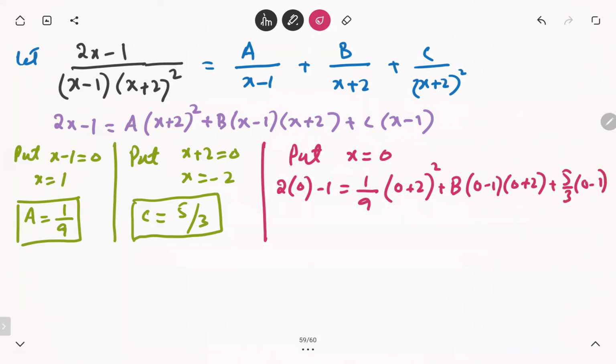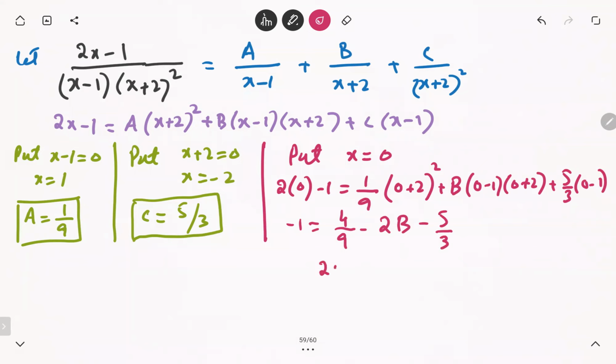So you have to use any new value of x plus the previous found values of a and c should also be used to get the, because now in this equation you'll see you have only one unknown, that is b. So answer आ जाएगा. So 2 times 0 is 0 minus 1. थोड़ी सी कैलकुलेशन शायद लेंथी है. 2 square is 4/9 minus 2b minus 5/3.